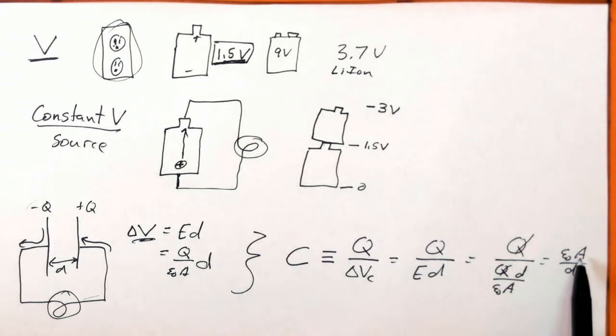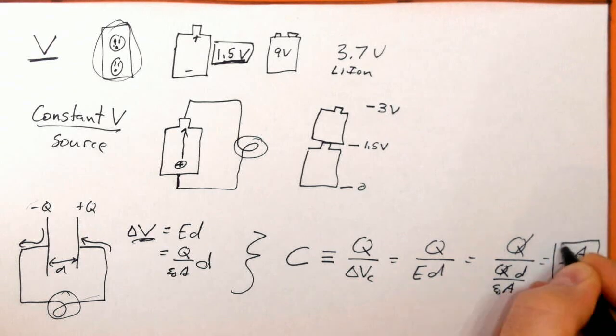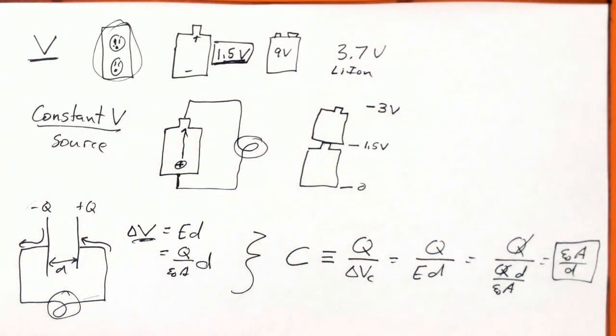I could choose the area of the plates, I can choose the gap, put it together, and I have defined a capacitance. This becomes a really powerful variable that allows me to know how the charge is going to move around once I hook it up to a voltage source. So this is really important to remember. That is the capacitance of a capacitor.